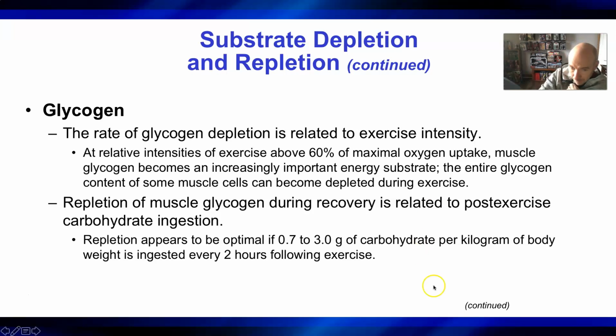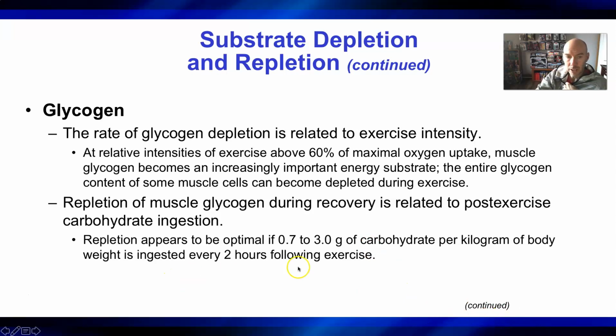So it's recommended in a post-workout window that you do ingest some carbohydrates in order to facilitate more rapid recovery, okay? The guide from the NSCA is 0.7 to 3 grams of carbohydrate per kilogram of your body weight, okay? Just to remind you, you calculate your body weight in kilograms by taking your body weight in pounds and dividing it by 2.2. That gives you your weight in kilograms, and then you could apply these numbers to your weight in kilograms to figure out how much carbohydrate you should take in a post-workout window.